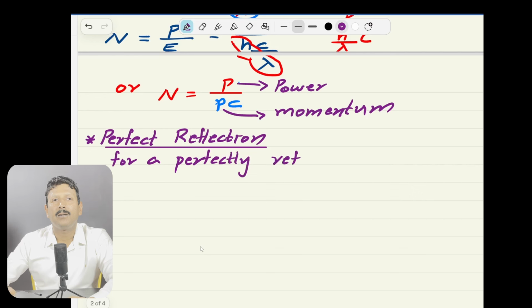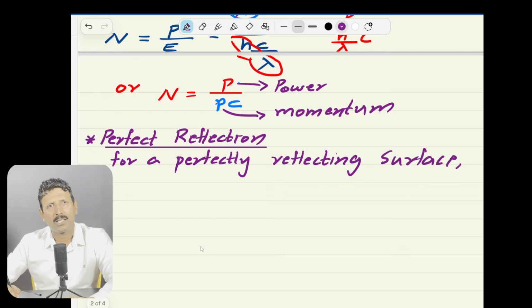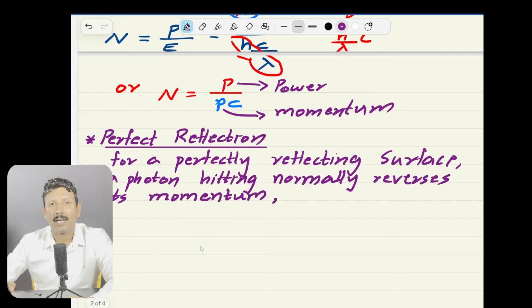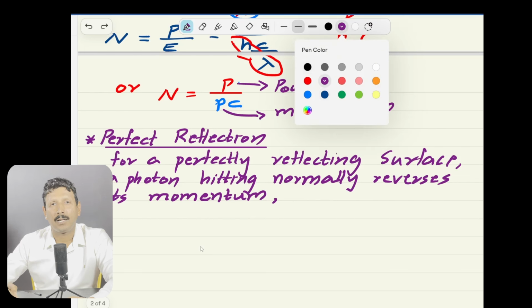This is the perfect reflection statement, for a perfectly reflecting surface. A photon hitting normally, that is at 90 degrees with the surface, reverses its momentum. Going there is a momentum p, and coming back there is one more momentum p.